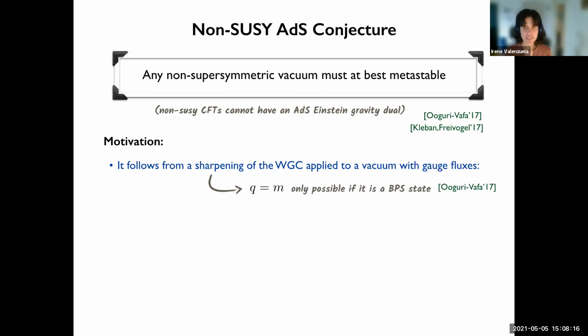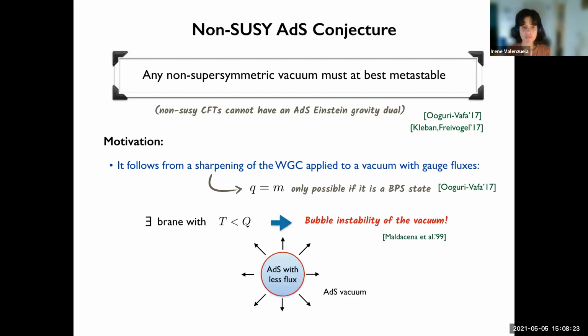Okay, here the motivation came from the weak gravity conjecture, because indeed, if the weak gravity conjecture holds and you have some vacuum which is supported by fluxes, so that you have some gauge fields living on the extra dimensions, and this gives rise to some fluxes in the vacuum, then you need to have some brane that is charged under the fluxes and has some tension smaller or equal than the charge.